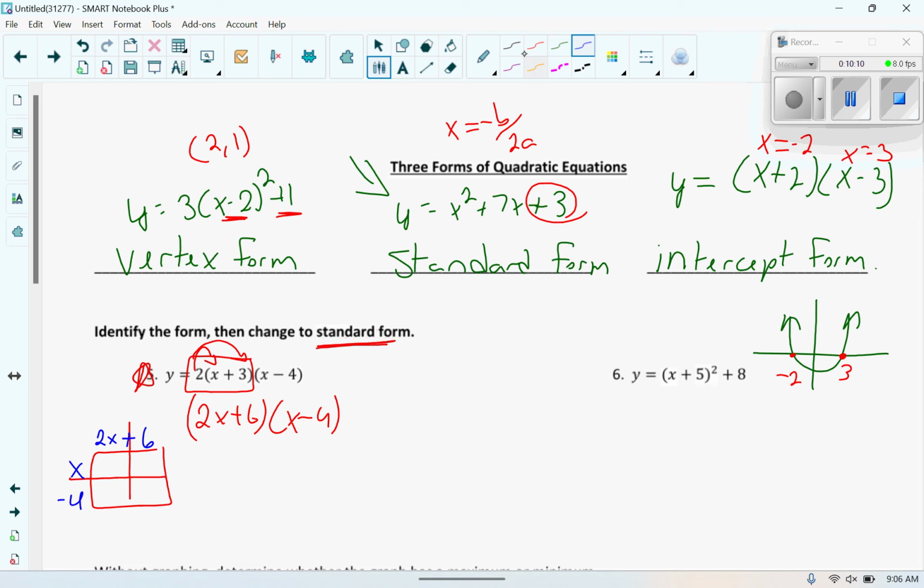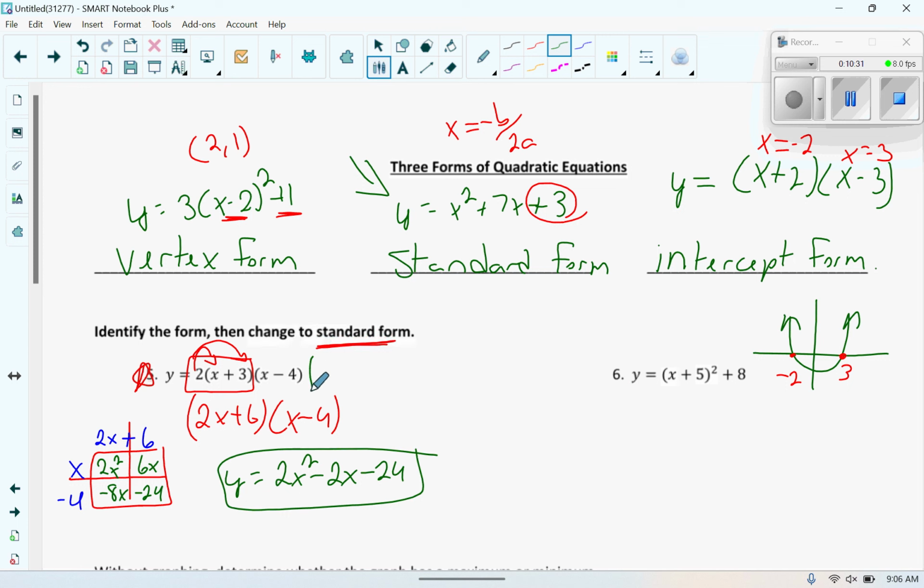I'm left with 2x squared plus 6x minus 8x minus 24. So y is equal to 2x squared minus 2x, combining like terms, minus 24. And if I were to graph this on Desmos, these two would give me the same exact parabola.